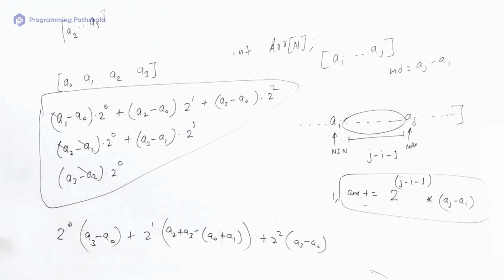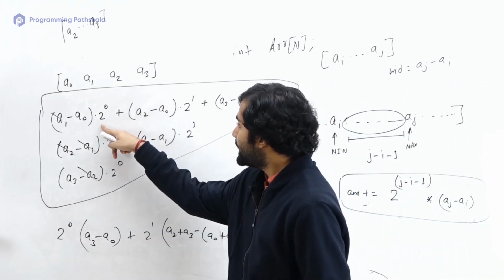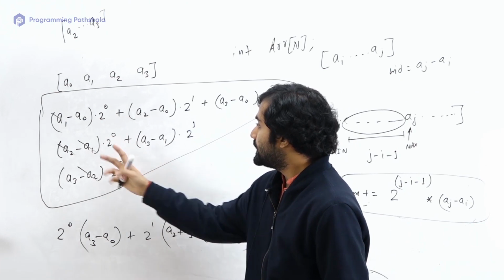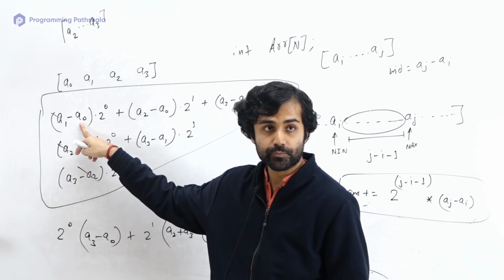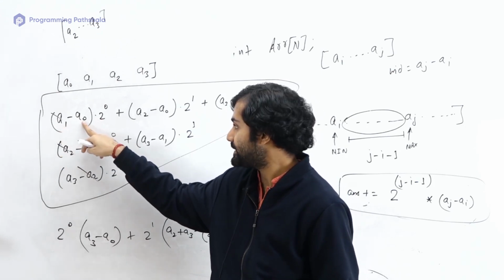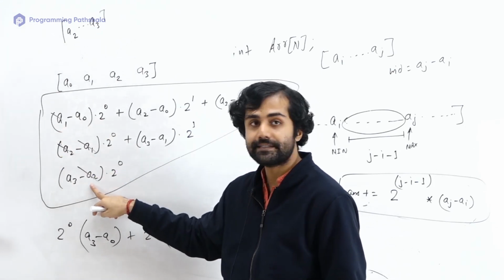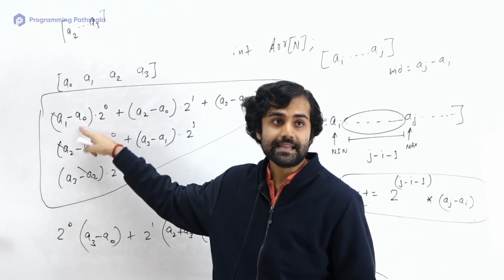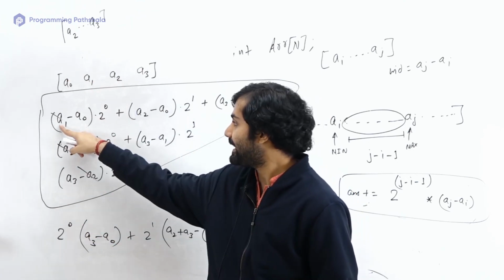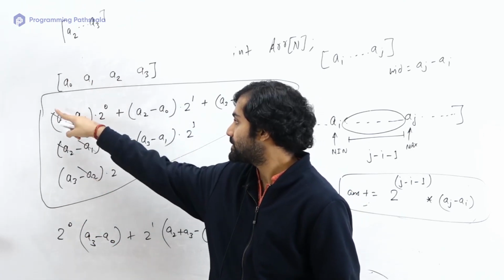Now you can detect a wonderful pattern over here, and using that pattern you can solve the problem very easily. Tell me, when you are having 2 raised to power 0, then you are considering elements like Ai minus Ai-1. Just see, A1 minus A0, A2 minus A1, A3 minus A2. And that is the reason if you have Ai over here, that Ai comes here, so it got cancelled.